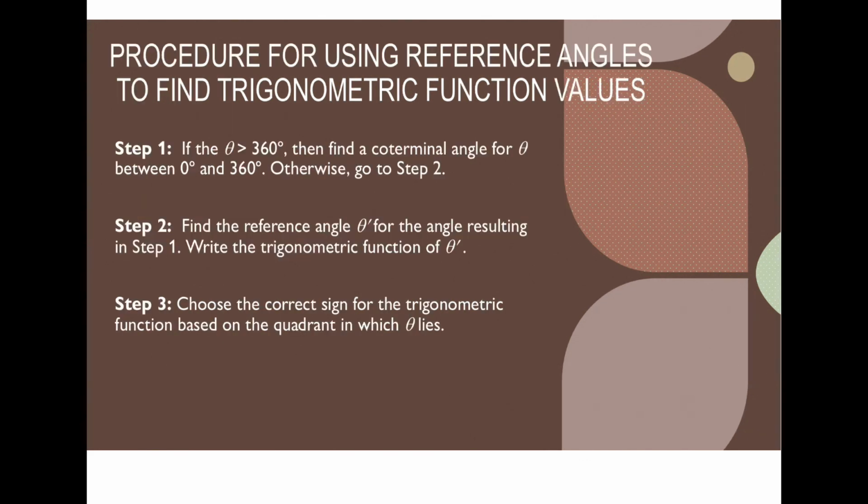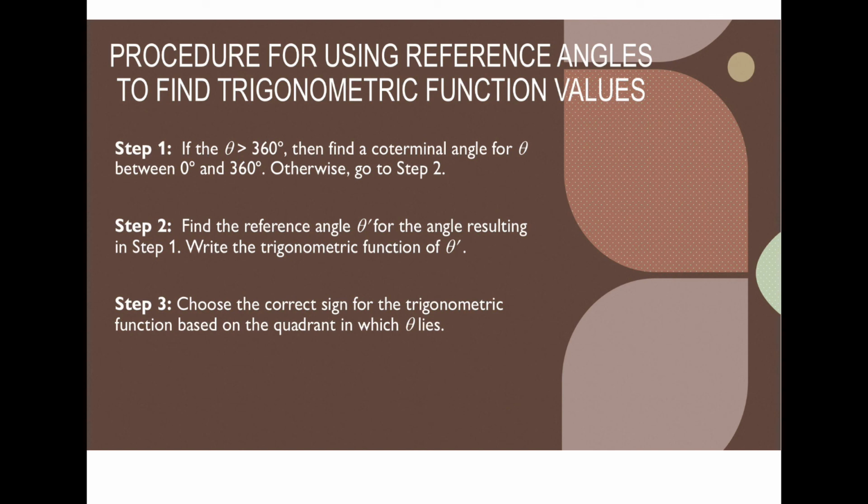So let's find a summary of how we approach finding the angle that's given to us in a trigonometric function that they want us to evaluate. One of the things that can happen is we can have thetas that are more than one rotation. So if our theta is greater than 360 or greater than 2 pi, then we want to find the coterminal angle for theta between 0 and 360.